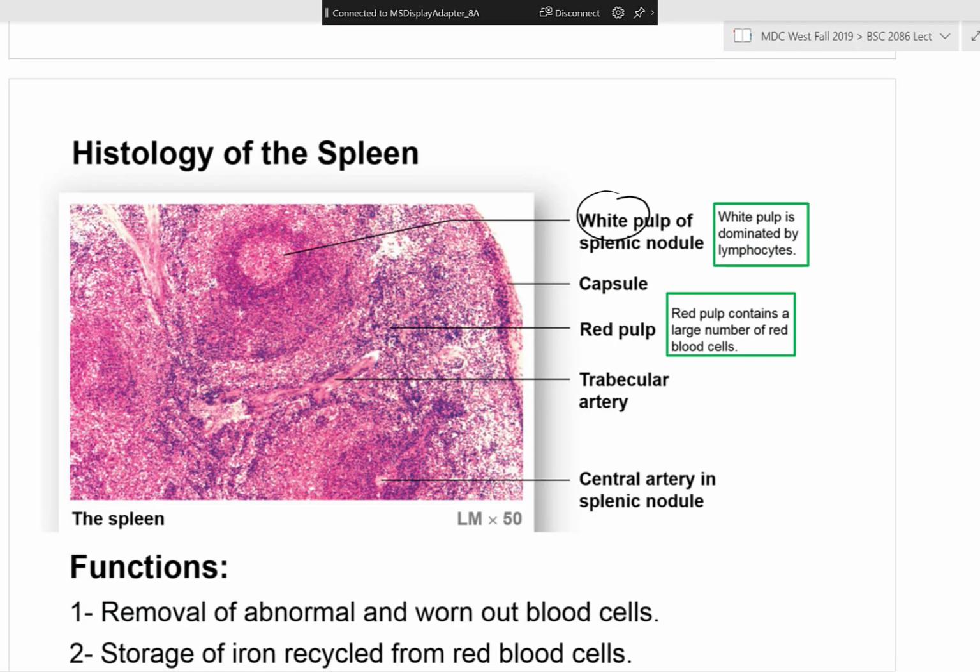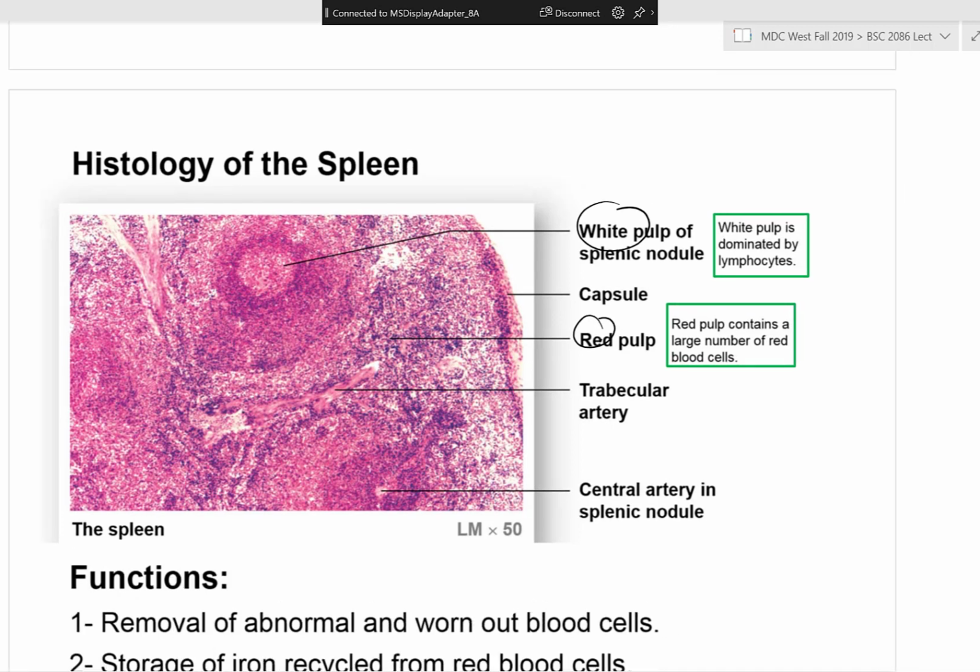You have within the spleen a white pulp and a red pulp. The white pulp is to do what? For lymphocyte production. Again, most of your spleen is for storage of what? Red blood cells.